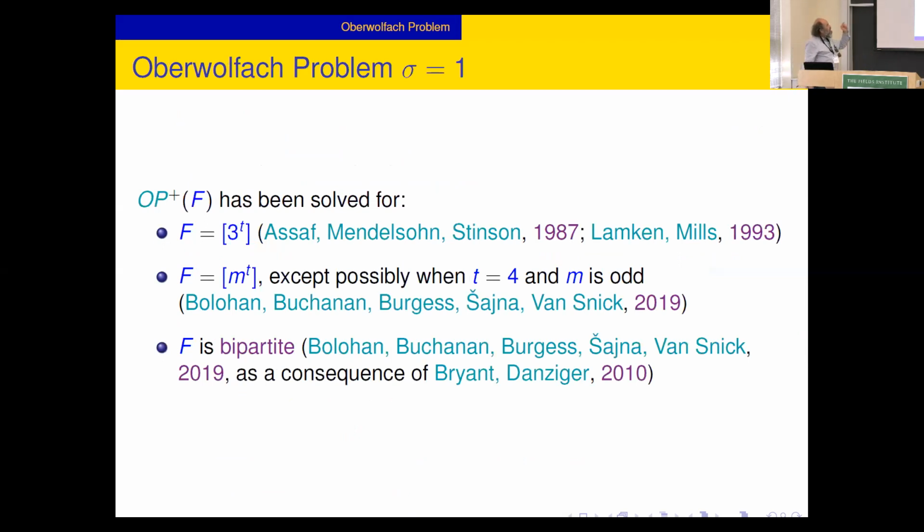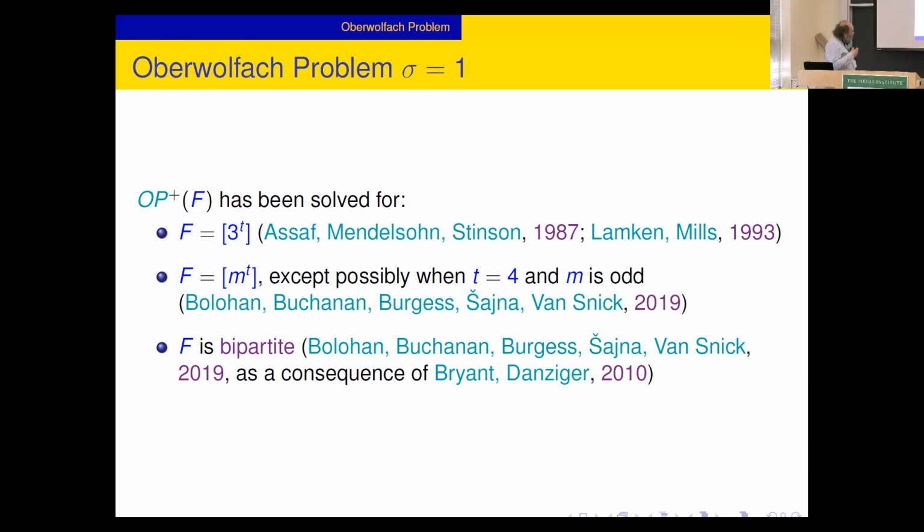Just before I go on, this OP plus problem, as I said, has received much less attention. There has been a bit of work, 3 to the T, going back to some work of Doug again in '87, and then more recently, not that much more recently, Esther and Mills.